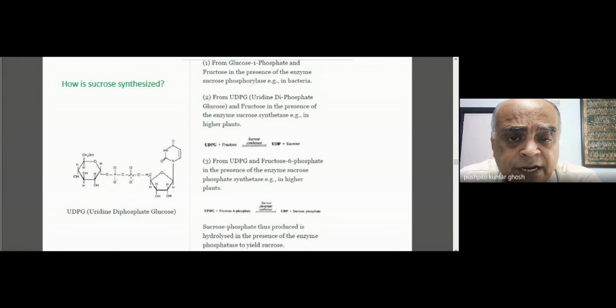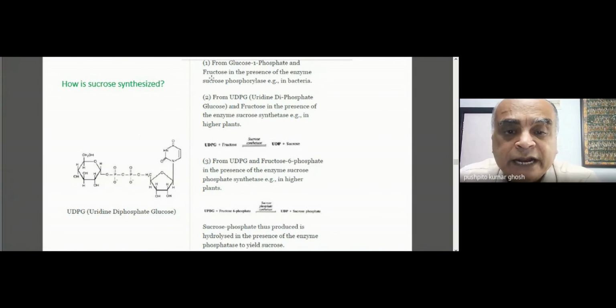It is basically a dimer of glucose and fructose. So what nature does is that it takes the monomer units, which are glucose, fructose, etc., and it has evolved a technique by which it can transfer one to the other, and so a monomeric system becomes a dimeric system.